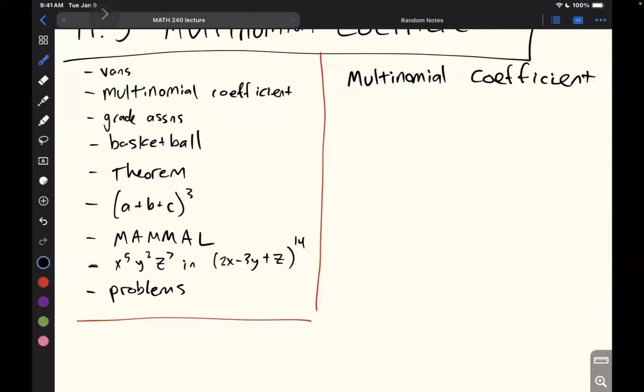And so we say that the multinomial coefficient is something that looks like n choose k1, k2, k3, and so on, up to km.